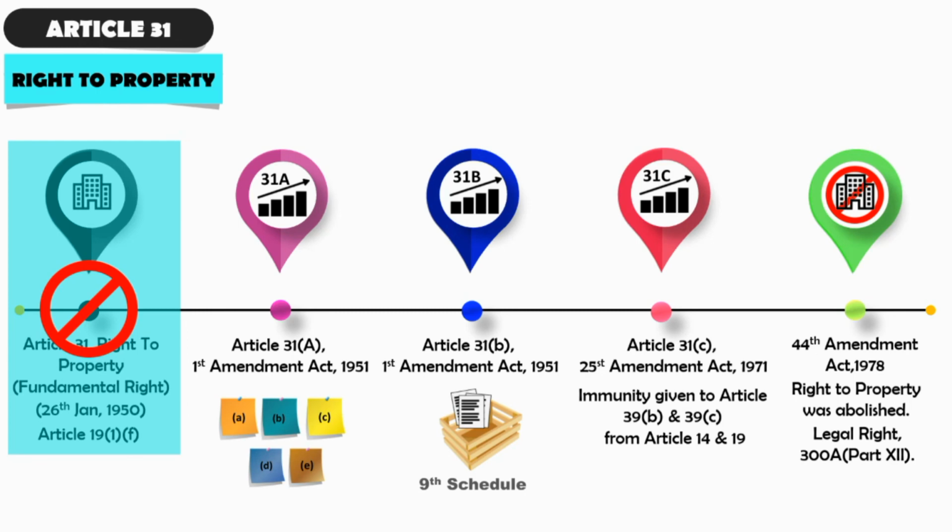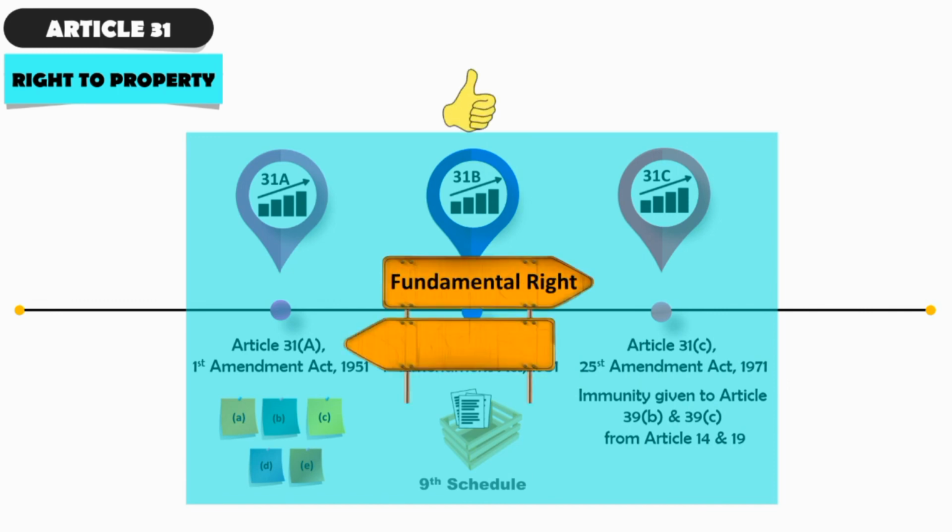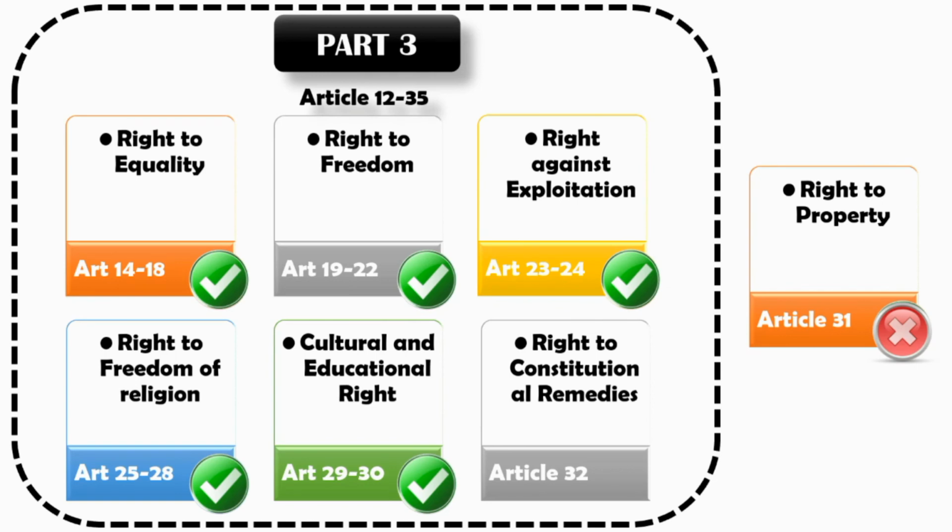Now the question arises that these 3 clauses were introduced under Article 31. Now what will happen to them? So the Supreme Court said that these 3 clauses will remain as they are a part of fundamental rights and will act as exceptions to fundamental rights. So that was the story of Article 31, that is right to property.